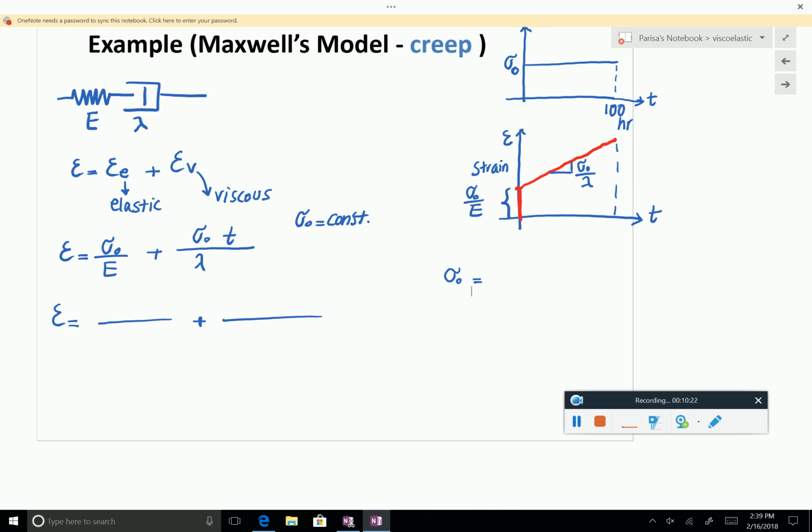One correct answer. And you need to compare the elastic and viscous deformation to get a sense.